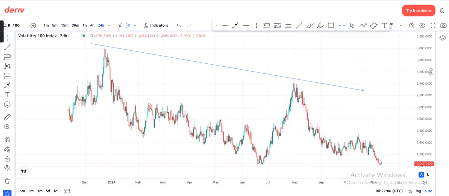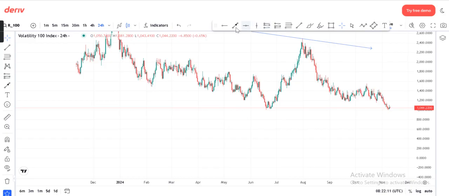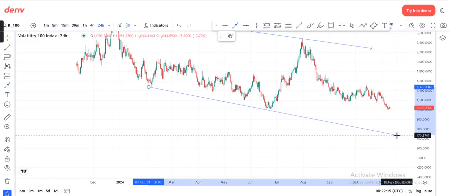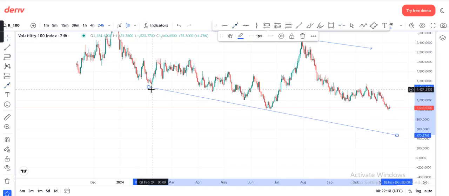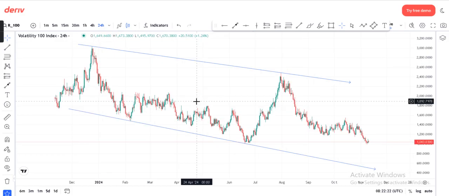One other thing we can clearly see on this chart is that it has also created two strategic levels of lows, which is this low and this low this year, between all the moves that have happened.